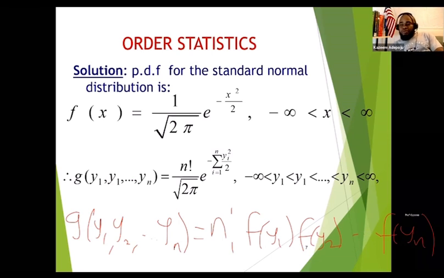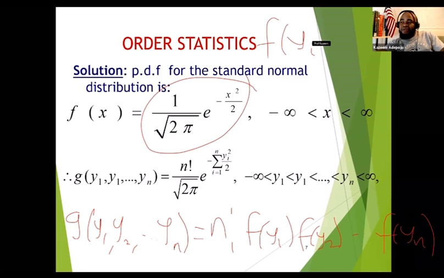And you know what, since f of x is equal to that, it means f of yi will also be equal to 1 over square root of 2 pi, exponential raised to the power minus yi squared divided by 2, and this ranges for i from 1 up to n.